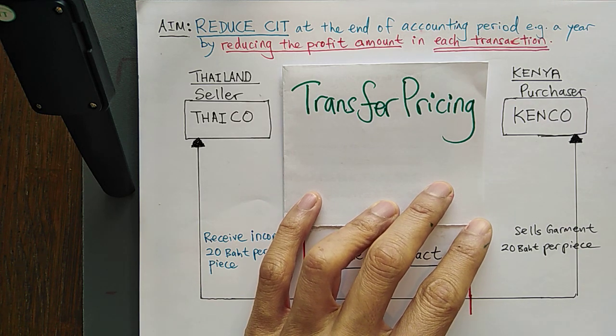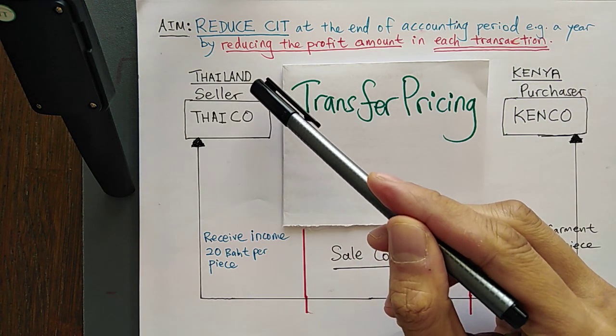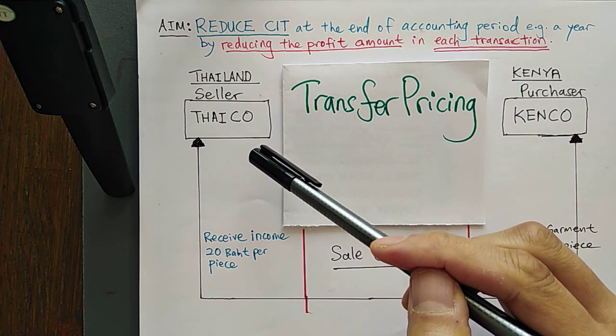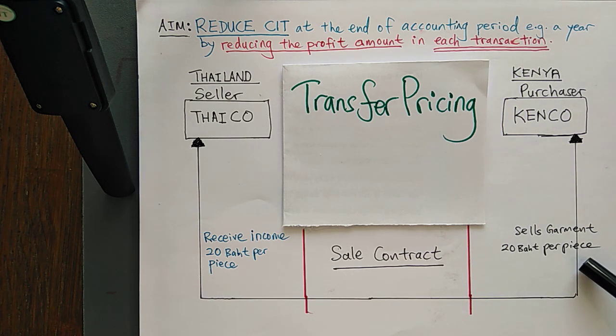Okay, let me explain how the technique or the structure or the method works here. As you can see here, let's start from here. Ideally, you would want to have this sales contract here, whereby you have the situation of a seller in Thailand, we call it Thaiko, selling garment per piece at 20 baht to a purchaser, a customer in Kenya, a company in Kenya called Kenco.